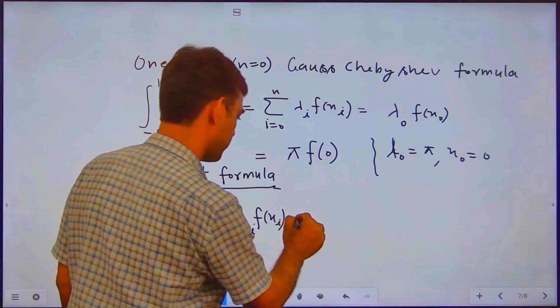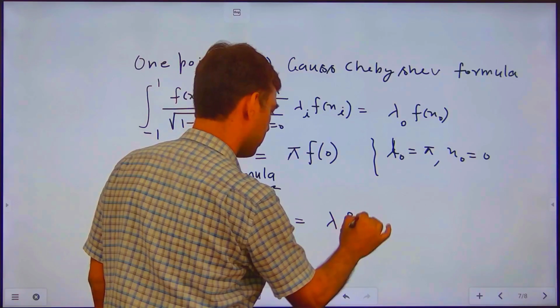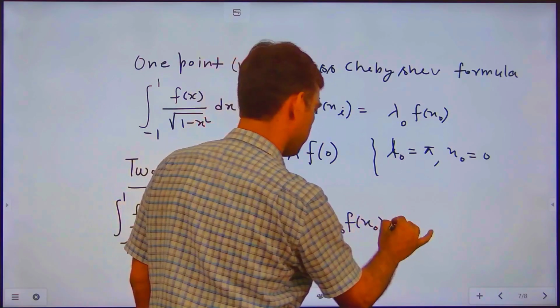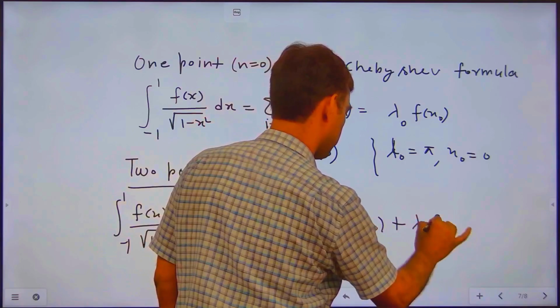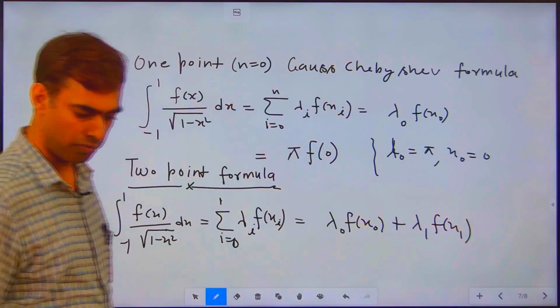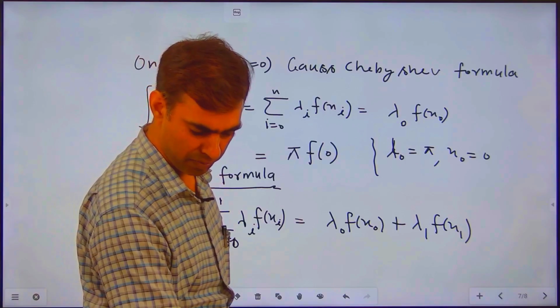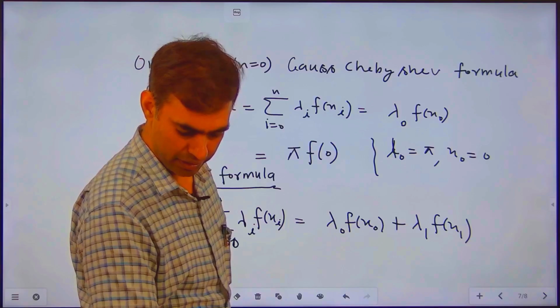This becomes lambda 0 f of x0 plus lambda 1 f of x1. So, what is the value of lambda 0 and lambda 1 in the case of the Gauss-Chebyshev formula?